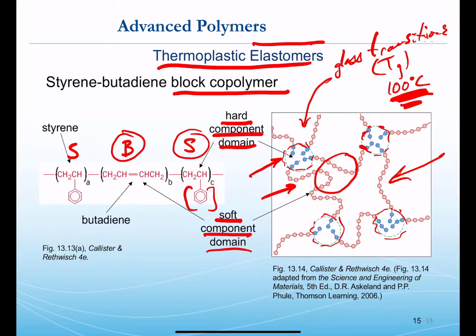The high glass transition temperature of this SBS elastomer acts as the physical stitches to keep all materials anchored together so that the material can have its permanent form at the temperature condition of room temperature. Of course, above 100 degrees centigrade, it will flow and allow us to reuse this. So this is the sort of success of the SBS elastomer, is that it's a nice, robust, rubber-like material that can be reprocessed.